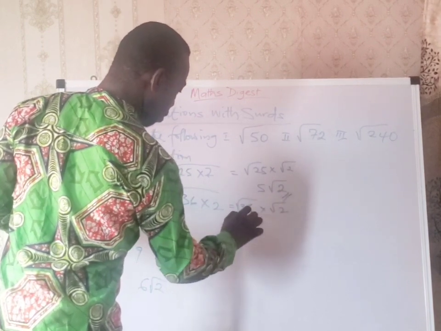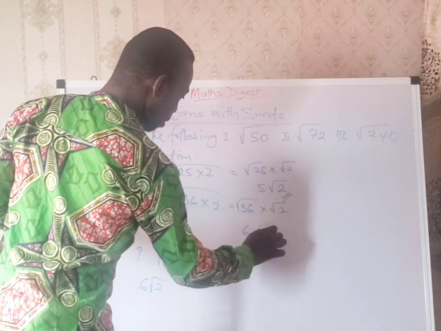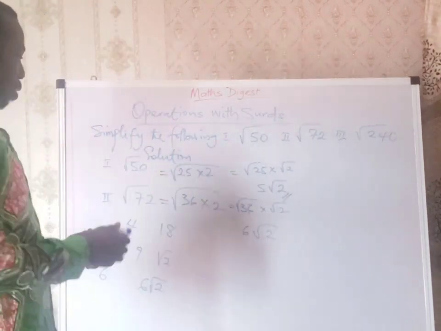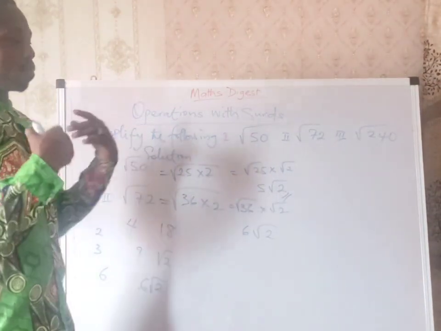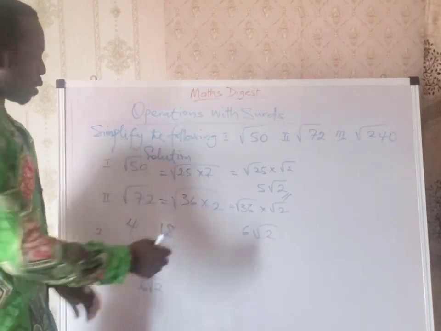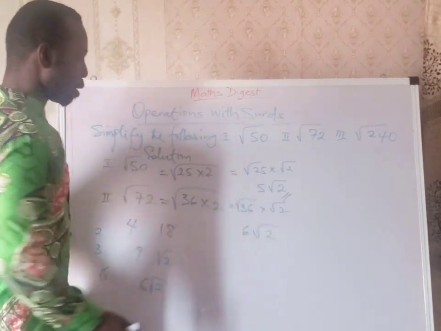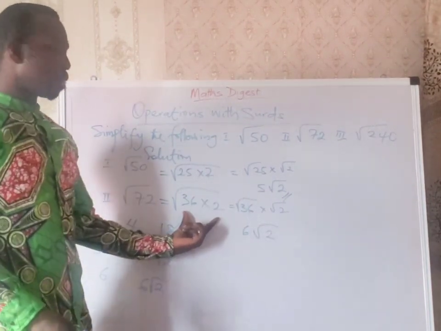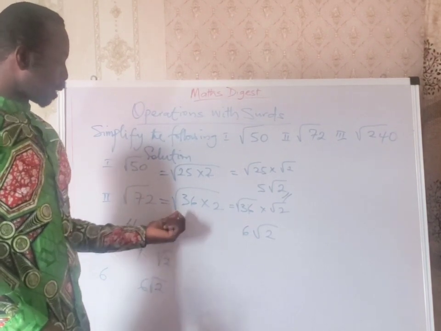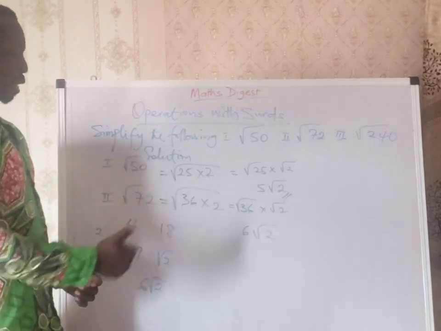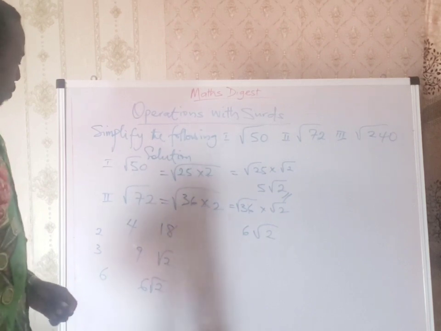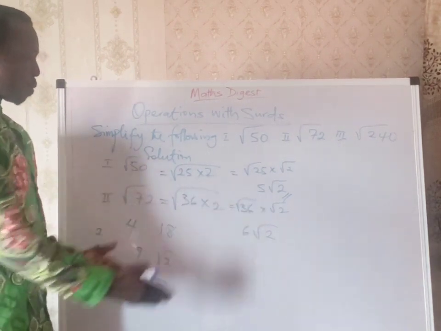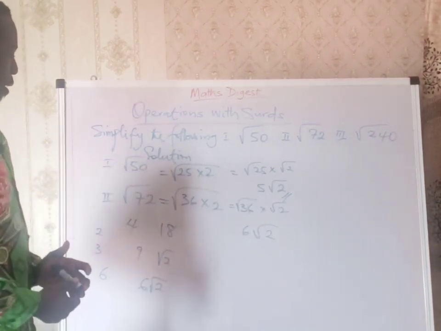Now this root 36 will give us 6 root 2. So this is for someone that maybe if you think you have already known your multiple tables, you can go ahead and get the biggest number immediately that are perfect squares and forge ahead to what? To solve your maths. Okay, so whichever way you go, you are going to arrive at the answer.